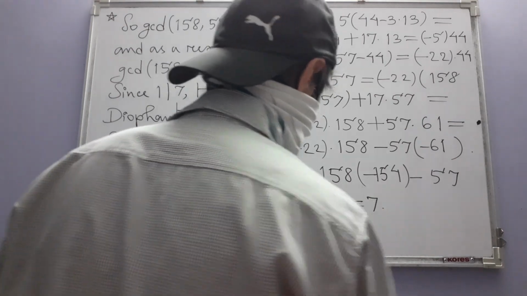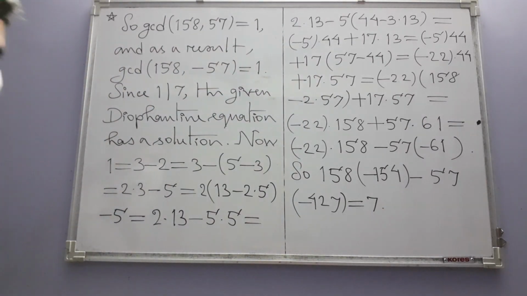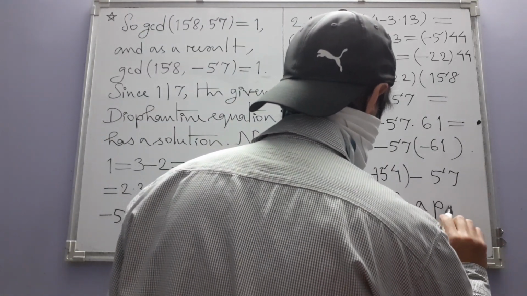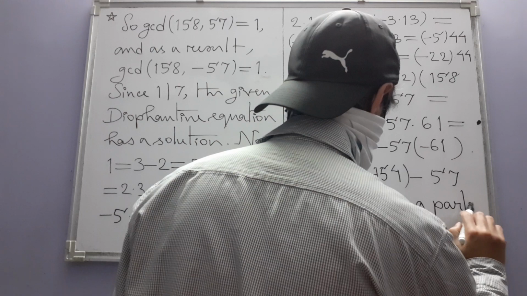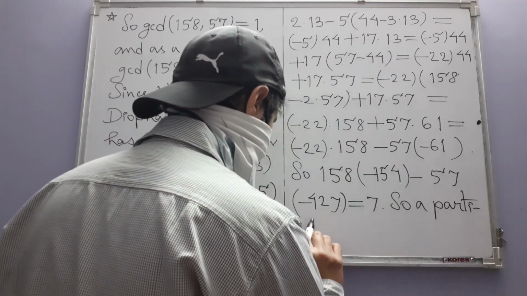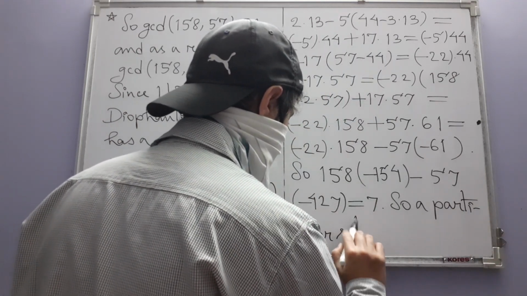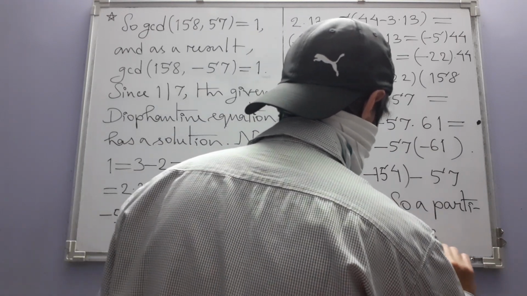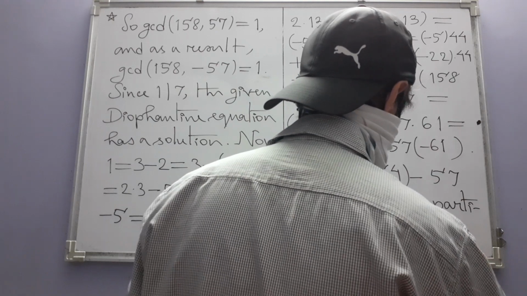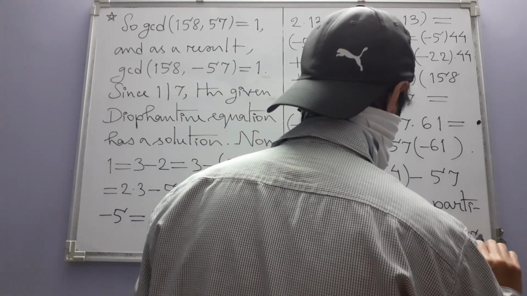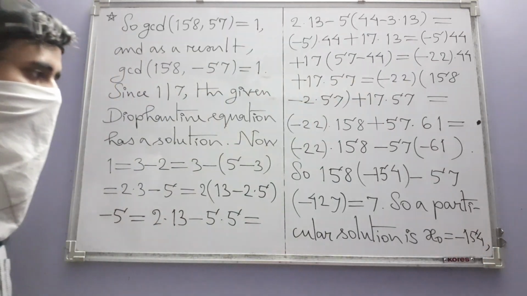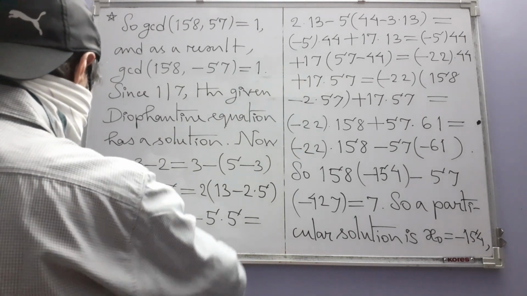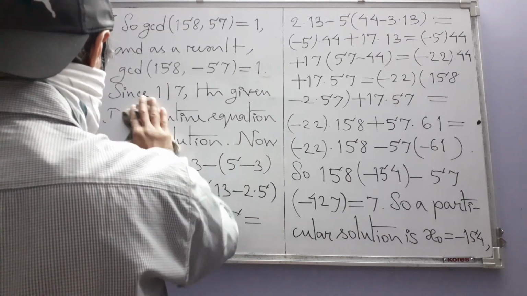This is equal to 7. So this gives us a particular solution. So a particular solution is x naught equal to minus 154 and y naught is minus 427. In this solution, both x and y values are negative.